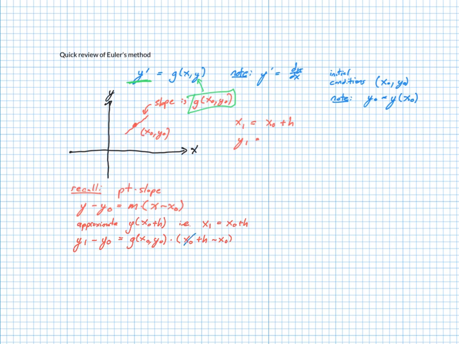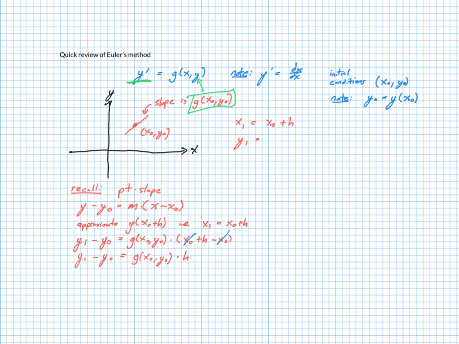And you see that the x naughts go away, and you have the difference y1 minus y naught is equal to g of x naught comma y naught times h.